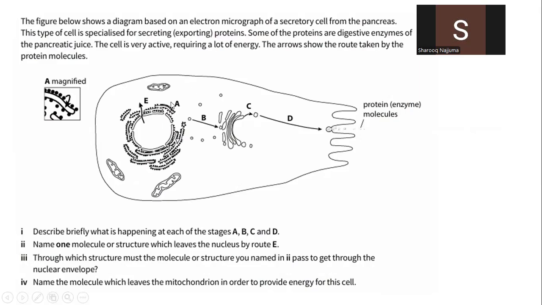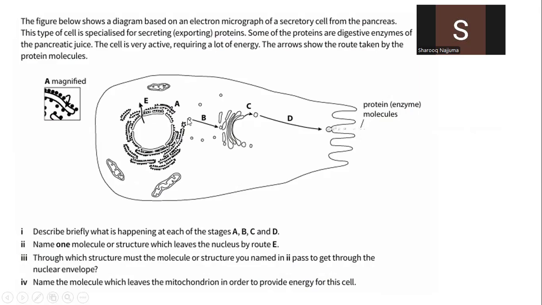Stage A is here, and it has even been magnified so that you can really see what is happening at stage A. They are showing us we have a ribosome. Remember, this is the RER. And an arrow is showing us that something is coming from the ribosome entering into this flattened sac, the RER.